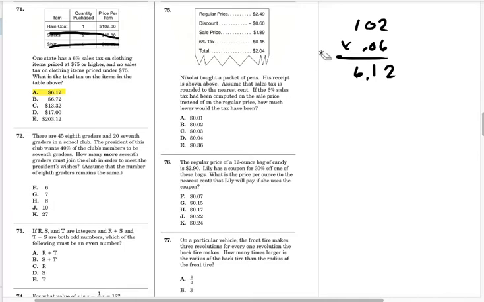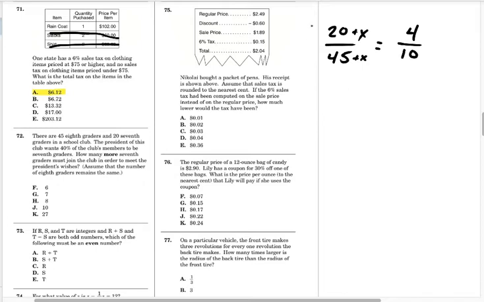Okay, question 72. We have 45 8th graders, 20 7th graders, 40% to be 7th graders. So we have 20 7th graders out of 45. We're going to need to add x to both the numerator and denominator to equal 40%. We'll just leave it as 4 out of 10 instead of simplifying.